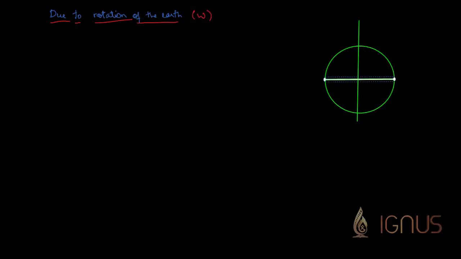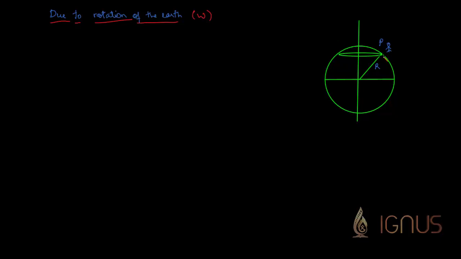So now let us assume a person is standing somewhere here. So he's not floating in the air, but he's at the surface here. So let me take this point as P. Now the radius of the earth is nothing but capital R. So let me draw that. So this is nothing but capital R. We can see that the person is actually rotating in a small circle here.